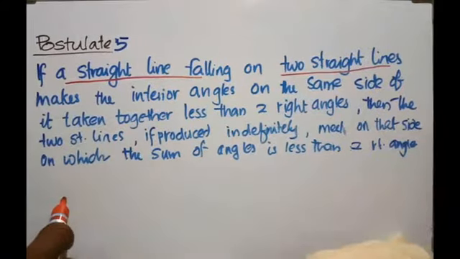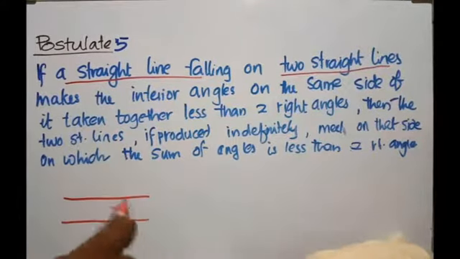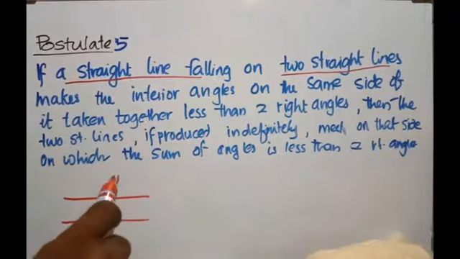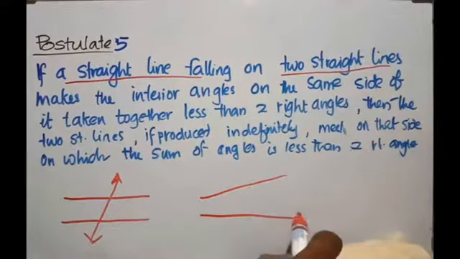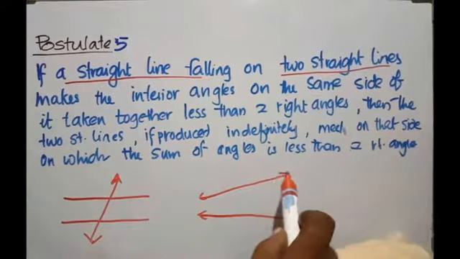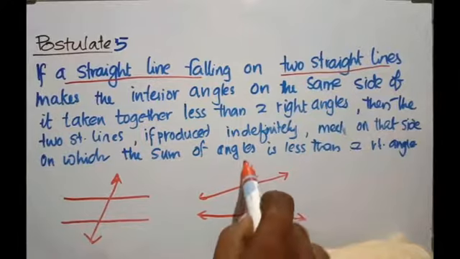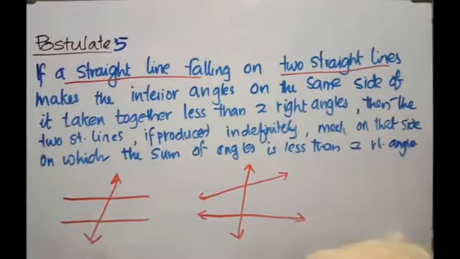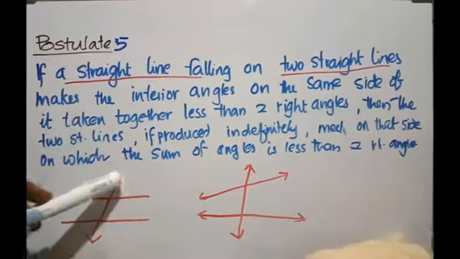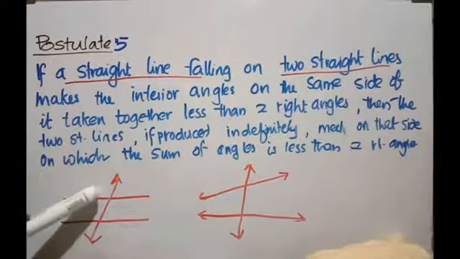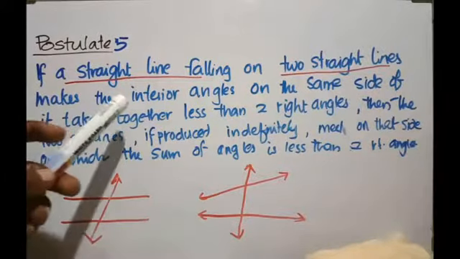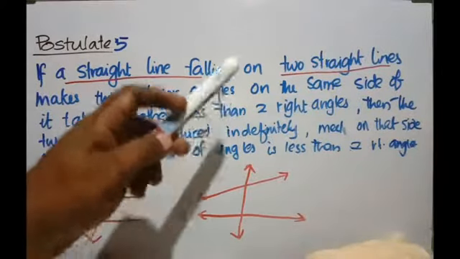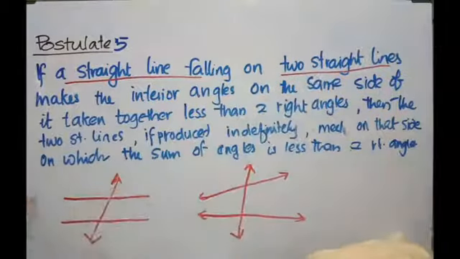It may be like this, or it may fall like this. See here, a straight line falling on two other straight lines makes the interior angles.